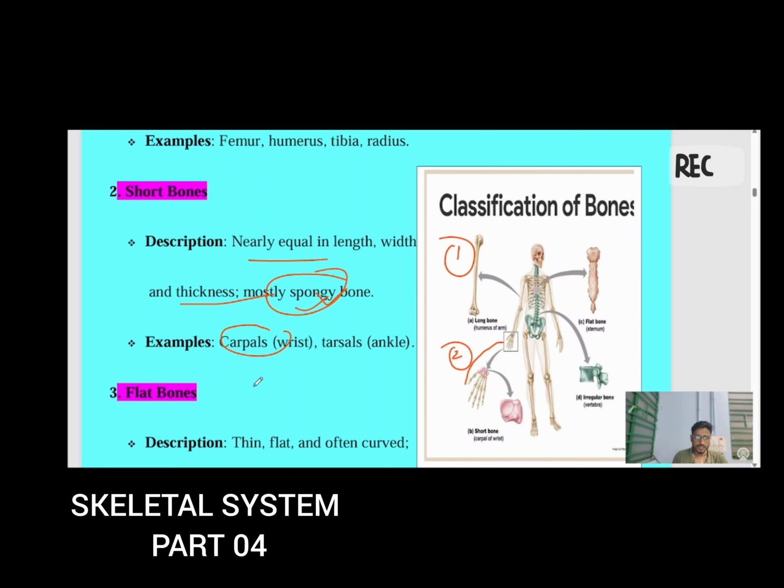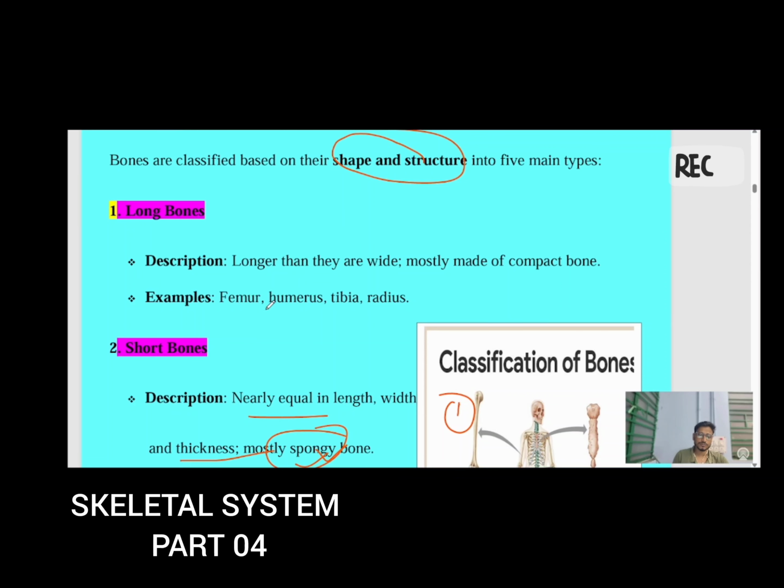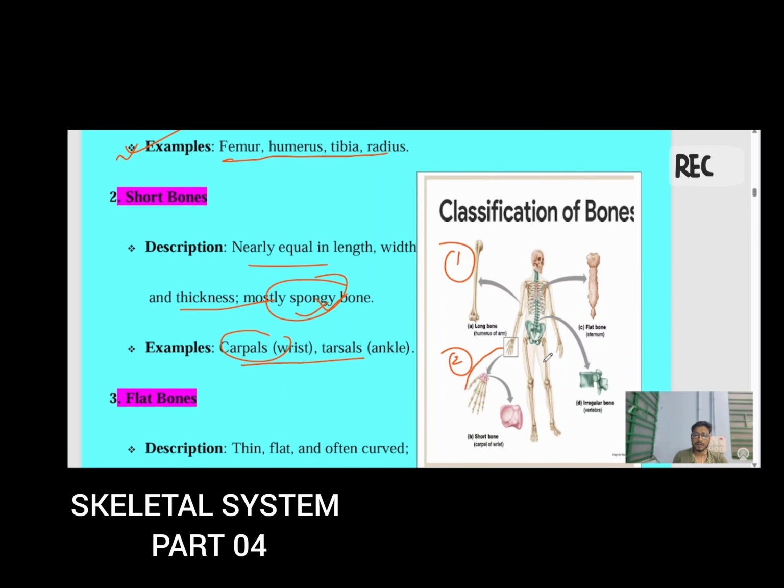Short bones give strength also. Long bones give strength and protection, like the femur, humerus and tibia.